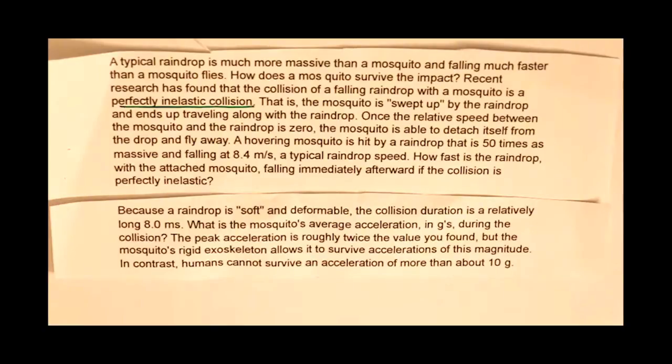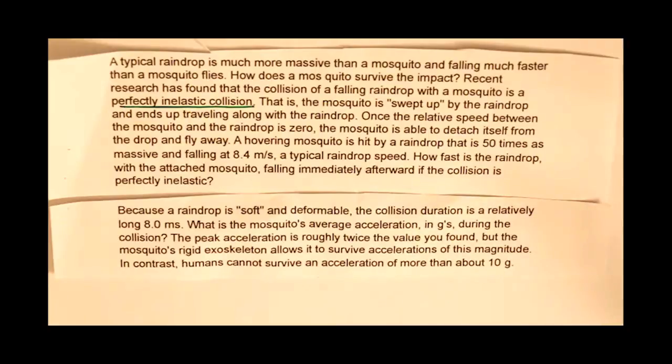How very ingenious. A hovering mosquito is hit by a raindrop that is 50 times as massive and falling at 8.4 meters per second. That's a typical raindrop speed. How fast is the raindrop with the attached mosquito falling immediately afterward if the collision is perfectly inelastic? So just assume the mosquito is just hovering and the raindrop hits the mosquito.